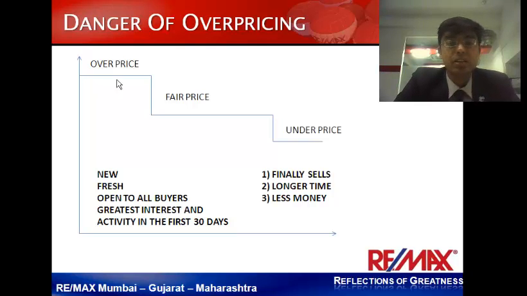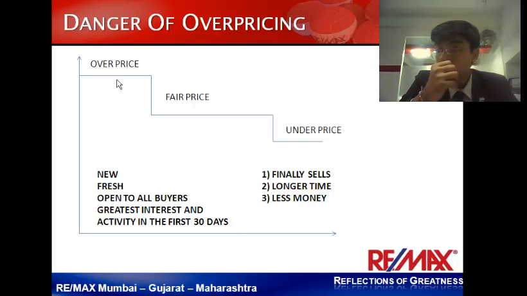It is at that stage that maximum interest or activity is created for the property. And because in the first 30 days the property is overpriced, all the buyers who come to see the property, all the real estate agents who come to see the property, feel that this property is overpriced, so let me buy the neighboring or nearby property which is priced at an average value.